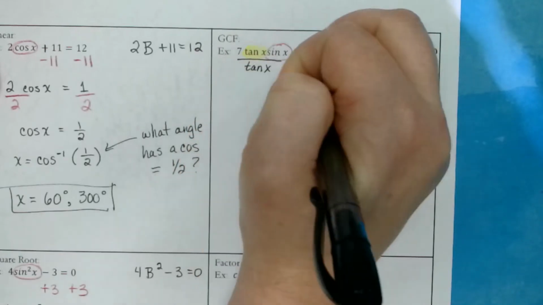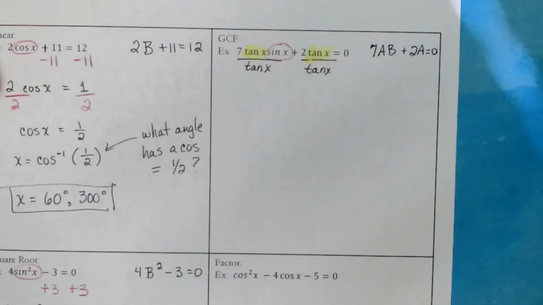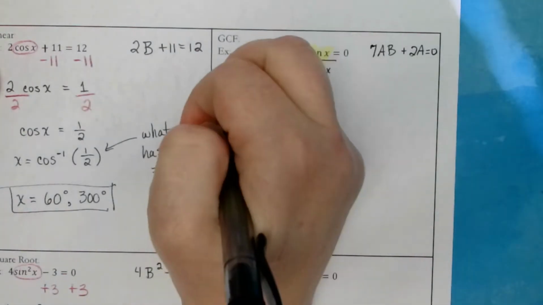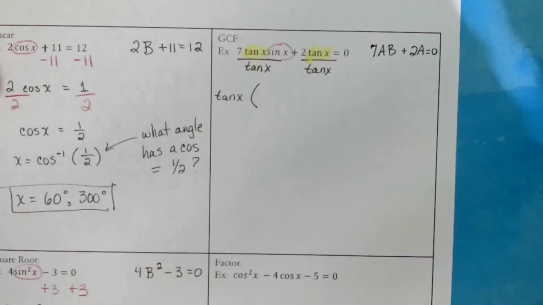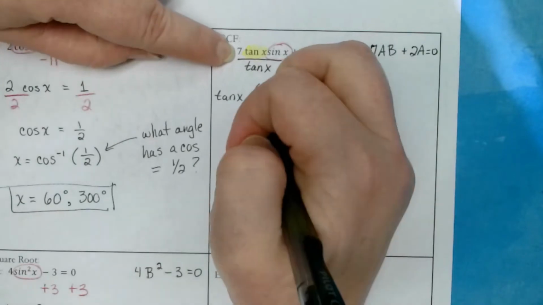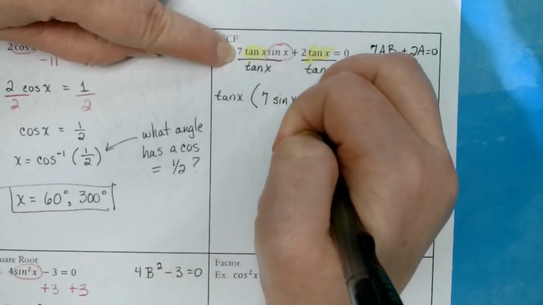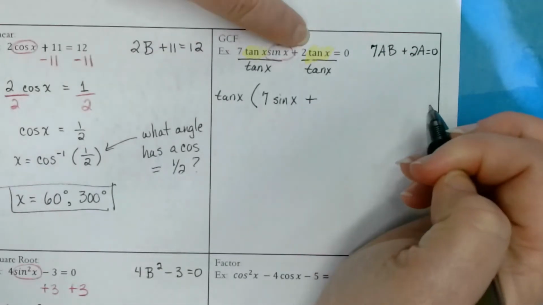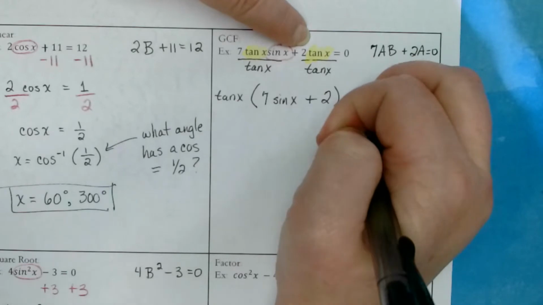Divide by tangent x. Okay, but remember, you can't just throw it away because it is a viable answer. So I'm going to put that tangent x on the outside. All right? Now simplify your fractions. The tangent's gone and I'm left with 7 times the sine of x, plus, second term, tangents have canceled out, I'm left with 2 equals 0.